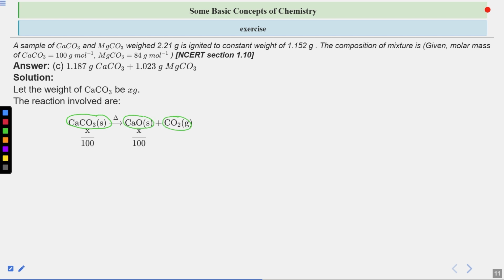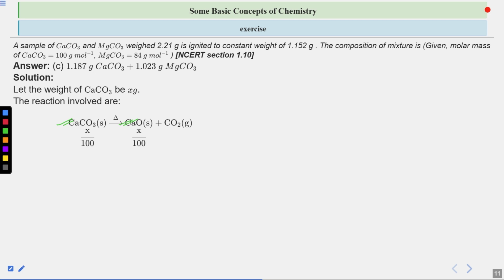We have x gram of calcium carbonate. Then the number of moles is very simple: given mass by the molar mass, which is 100, so x by 100. According to the equation, 1 mole of calcium carbonate produces 1 mole of calcium oxide, so x by 100 mole will produce x by 100 mole of calcium oxide.